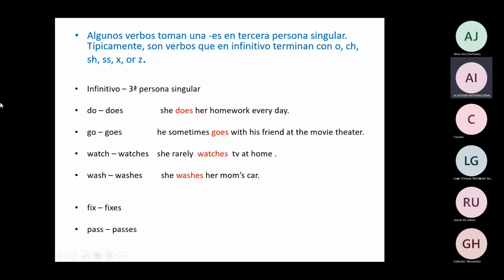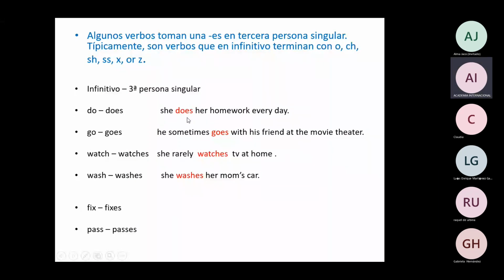Because if I say, she do her homework every day, probably everybody is going to understand what you're trying to say. However, grammatically it will be incorrect.